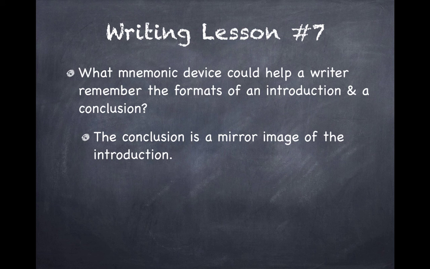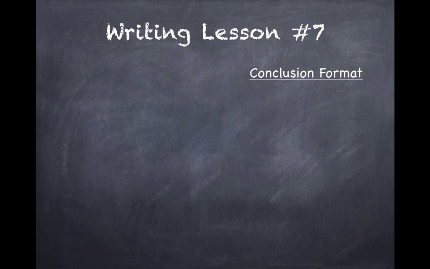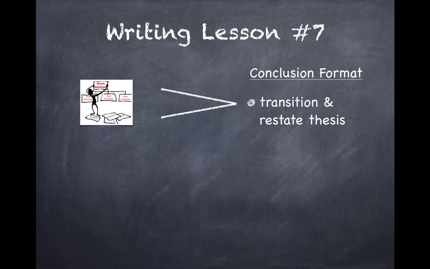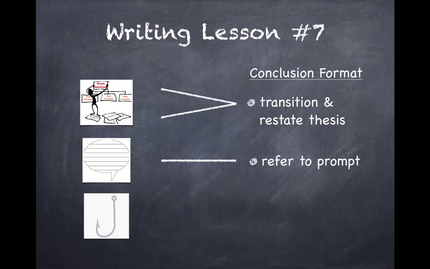So now let's flip that. Our conclusion format is going to begin with restating our thesis, beginning with a transition. We're going to keep the refer to prompt in the middle, and then we're going to end with what's called the refer to hook. So again, that format of the introduction, we've taken it and flipped it.